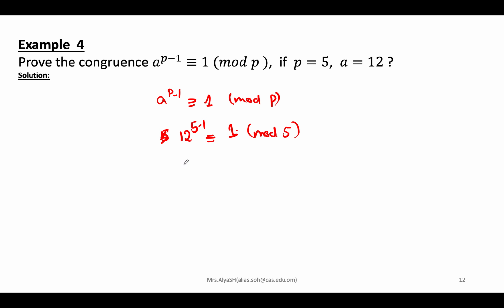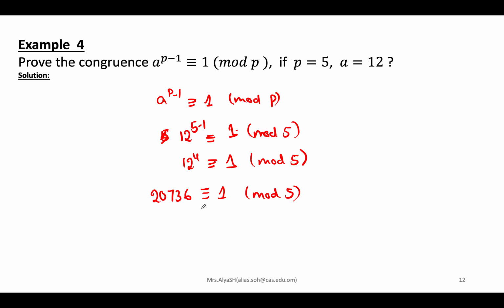So here is 12 to the power 4 is congruent to 1 mod 5, and 12 to the power 4 is 20,736, and this is congruent to 1 mod 5.